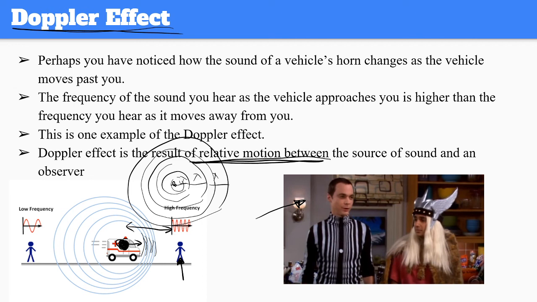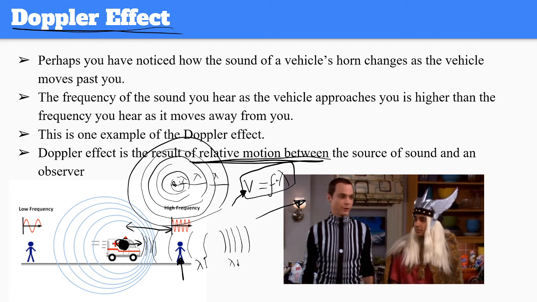So what does that mean? The waves in front of you are going to get closer and closer to each other, but the waves behind are going to get farther away from one another. So what does that mean? The wavelength in the back is more, the wavelength in the front is less. Again, considering this frequency and wavelength relationship and the velocity of sound, the velocity of sound depends on the medium.